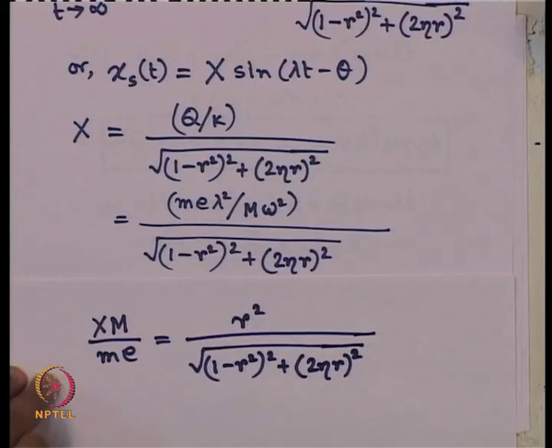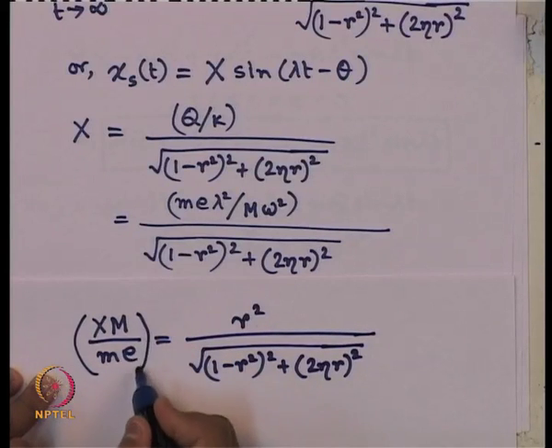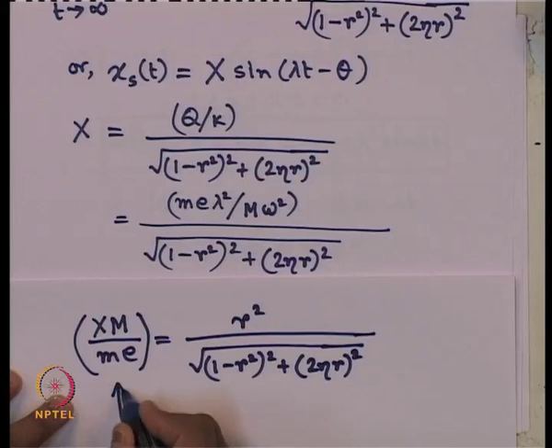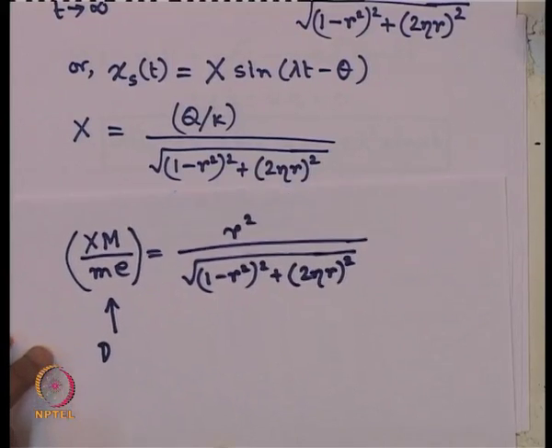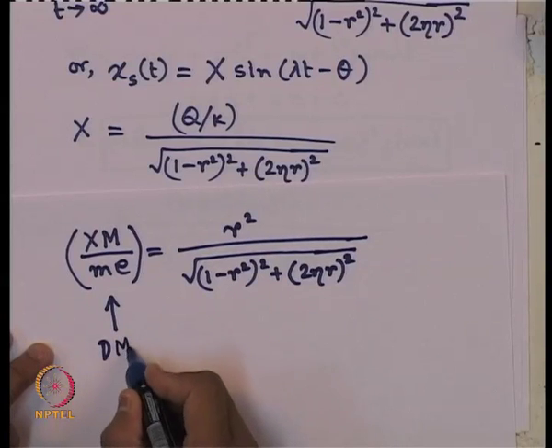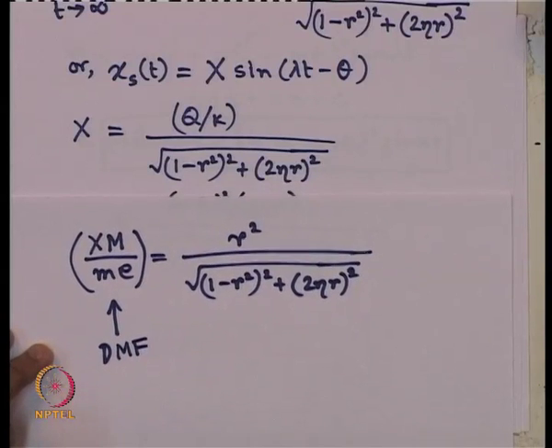Fine. This term X M by m e is known as DMF, dynamic magnification factor, for this case of rotating imbalance, that is, a moving rotating body which is eccentric with respect to the C g.